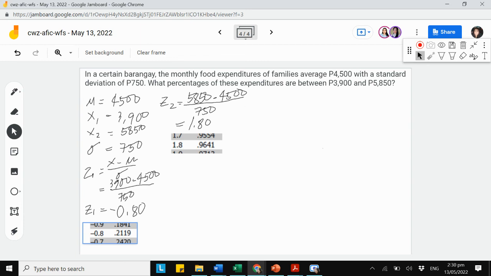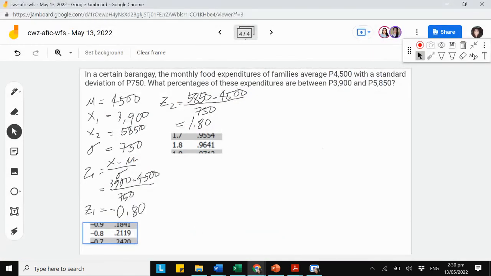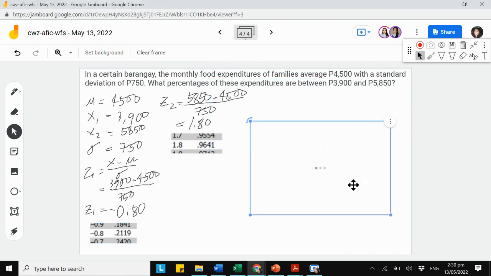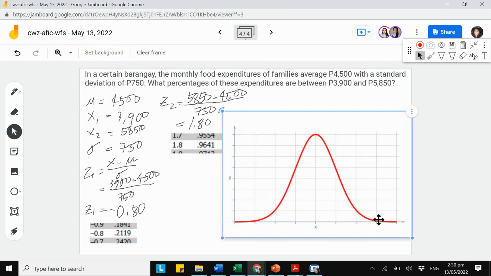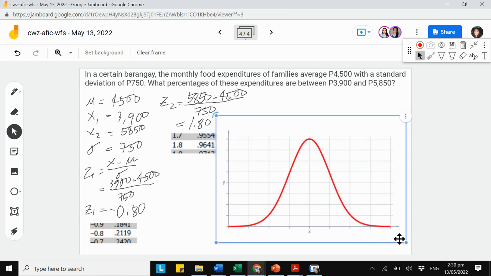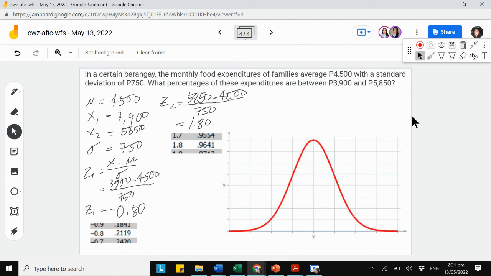So let's go and pull up a graph. Yung isa is 1.80, 0.9641.